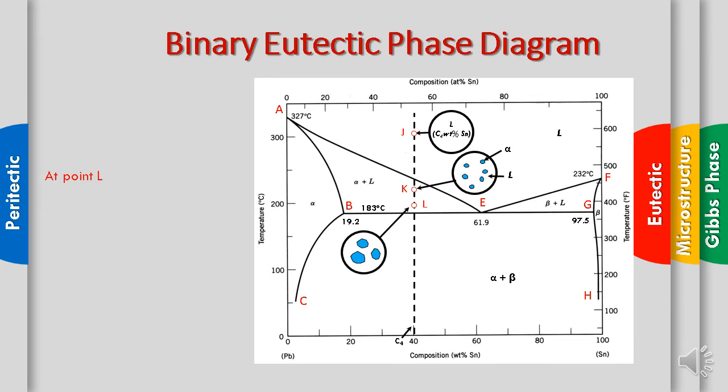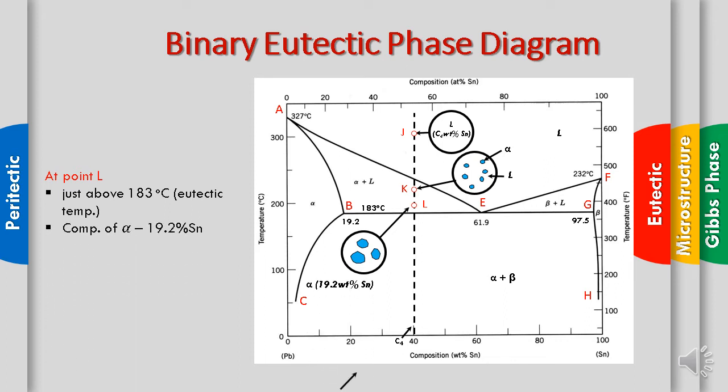At point L, in the phase of alpha plus liquid, we are just a little bit above 183 degrees Celsius, which is the eutectic temperature.